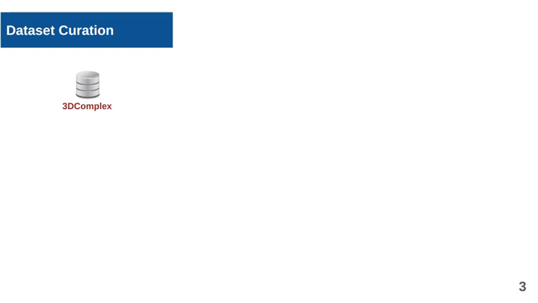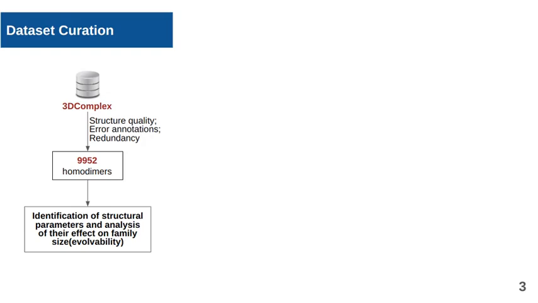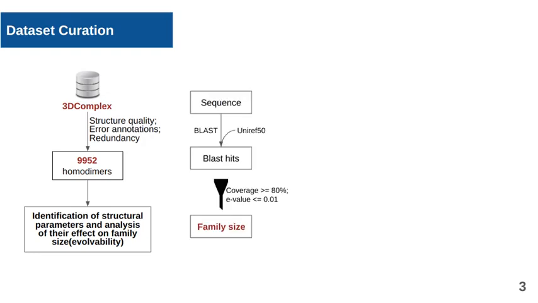We obtained our dataset of around 10,000 homodimers by filtering for structure quality error annotations as well as redundancy up to a level of 90%. Then we identified and analyzed some structural properties by correlating them with family size, which is calculated by conducting a BLAST run and counting the number of BLAST hits with coverage greater than or equal to 80% and an e-value of up to 0.01.